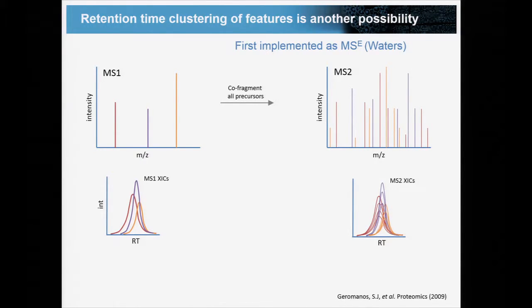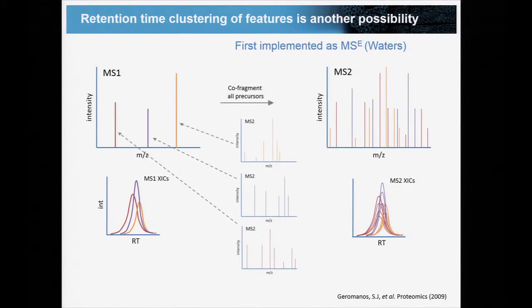But by correlating whether all these MS2 fragment ions correlate with each other in retention time space, and also with the precursor in the MS1 space, you can link the yellow fragment ions to the yellow precursor, since they have the same elution pattern, and the purple ones to the purple and the red to the red. Now you have deconvolved this very complex spectrum into something more manageable, potentially by a standard DDA search.